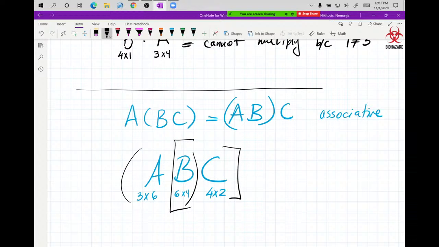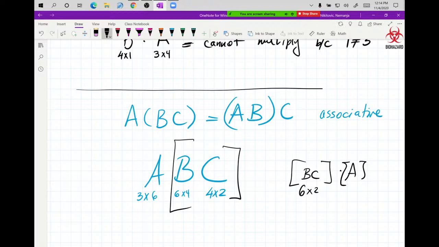You are not allowed to rearrange matrices. And that is something that is very, very scary, because sometimes, right, you get your BC, which is 6 by 2, that's your BC product, and now they say, oh, and I just multiply that by A. Hell no. No, you pre-multiply by A, because that's where the 3 by 6 is. If you put A here, it's going to be 6 by 2 and then 3 by 6, and it doesn't work, right?